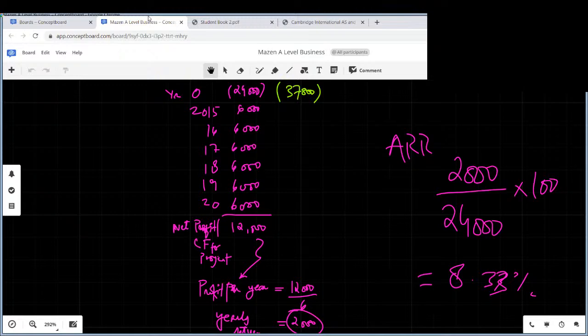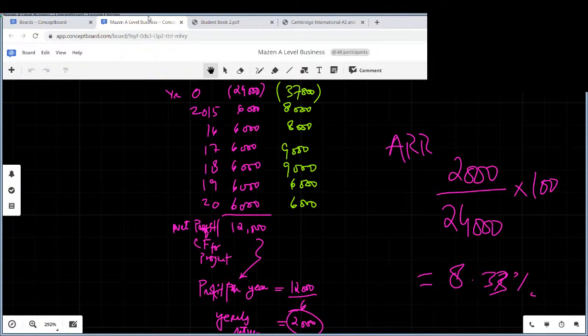Then yearly inflows for 2015, it's how much? 8,000, 8,000, 9,000, 9,000, 6,000, 6,000. So 18 plus 16 plus 12, 46,000. 46,000 is inflow minus 37,000, which is outflow, right?